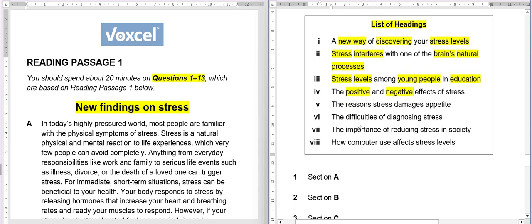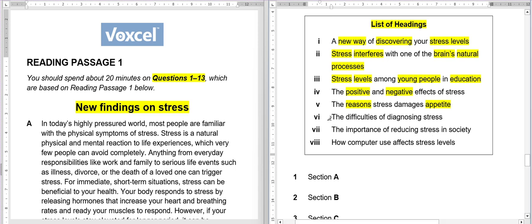Fifth, the reasons stress damages appetite. So whatever paragraph consists of the reasons that stress damages appetite, like people do not feel hungry because of it, or they do not like to eat food because of stress, that paragraph will have the fifth option as its answer.